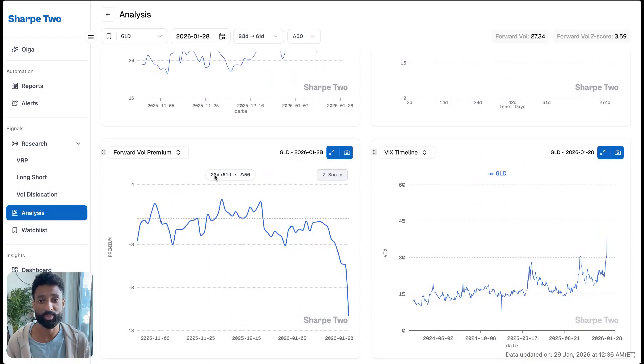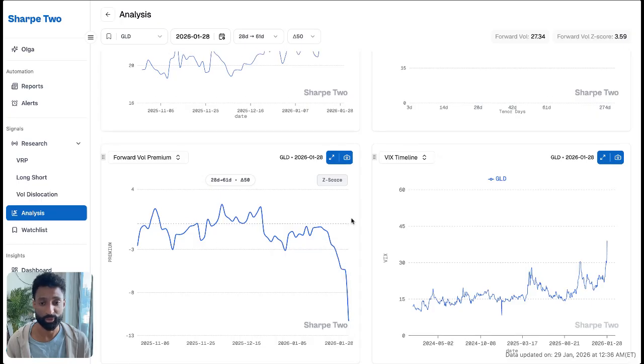So basically, we compare spot vol at 28 days against the forward slice that comes right after. The premium is collapsing, meaning that the spot implied vol is much, much higher than the forward vol. So the market is anticipating something crazy within the next 28 days, but then still something significant after that, right?